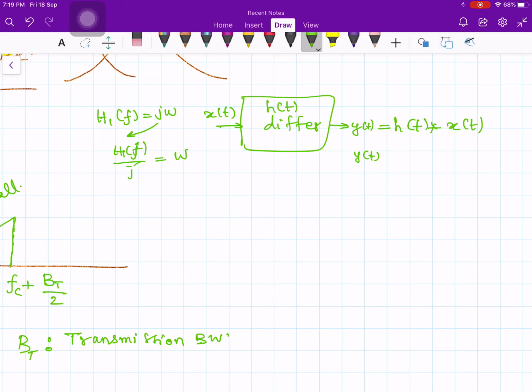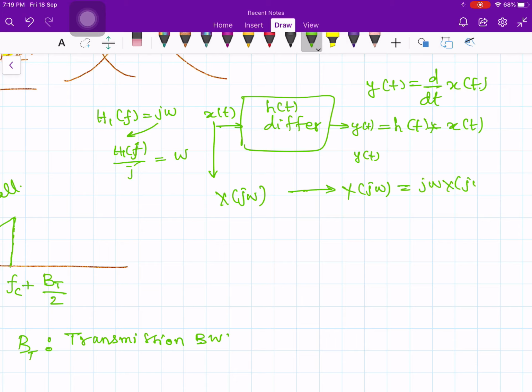That's what we are saying. So your output y of t is equal to d by dt of x of t. Now take the Fourier transform of x of t, you will get X of j omega. In the output, Y of j omega is j omega times X of j omega.